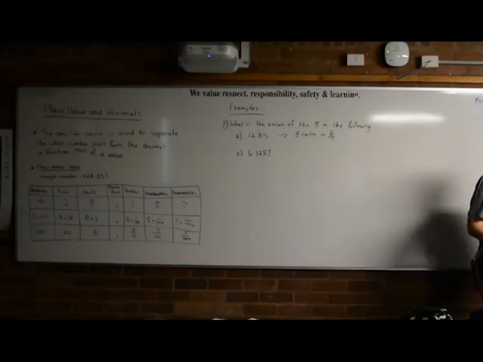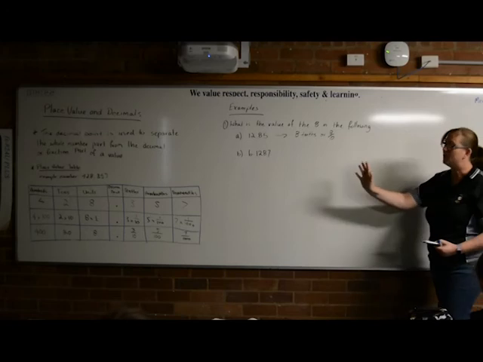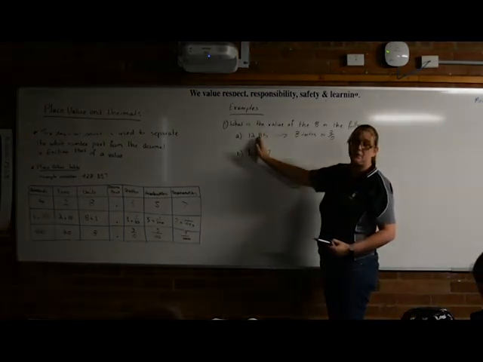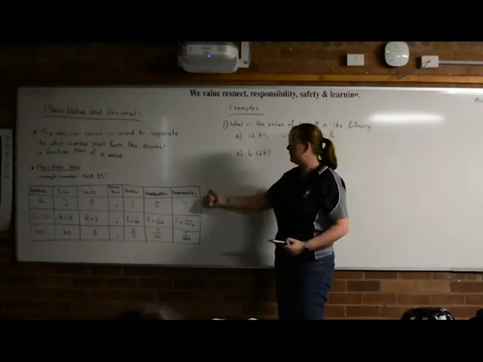Does that make sense? It's in that tenths column, so it makes it 8 tenths. What would happen if it was further along?